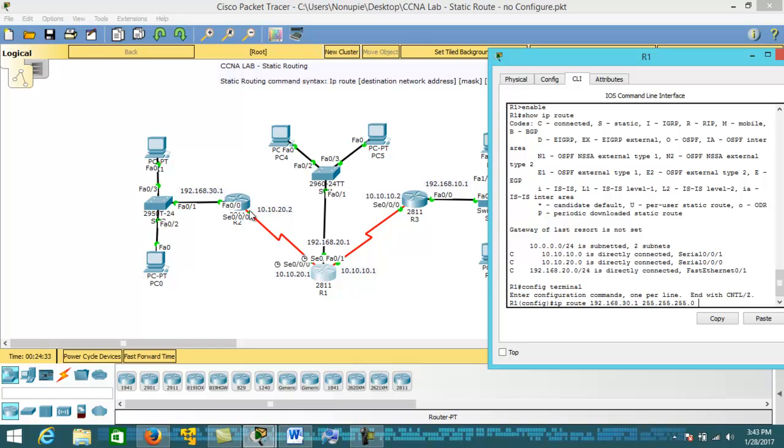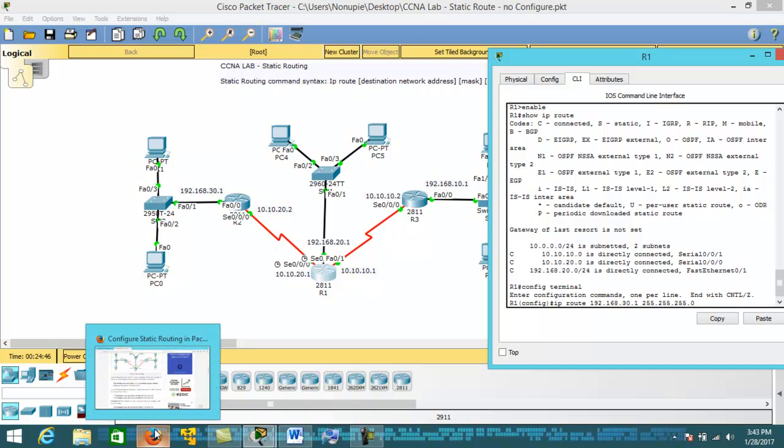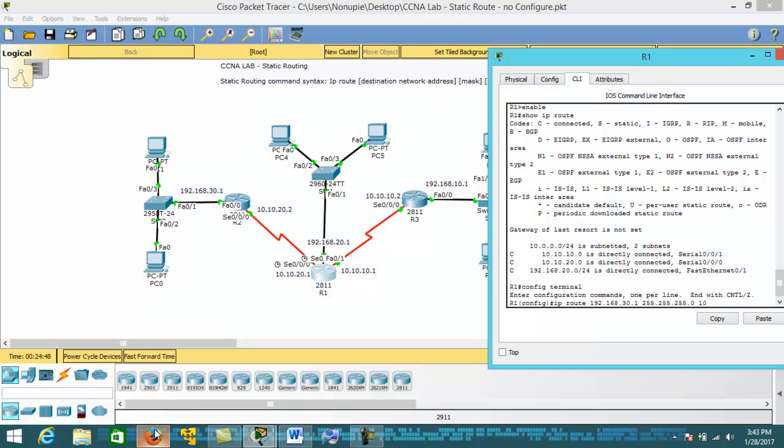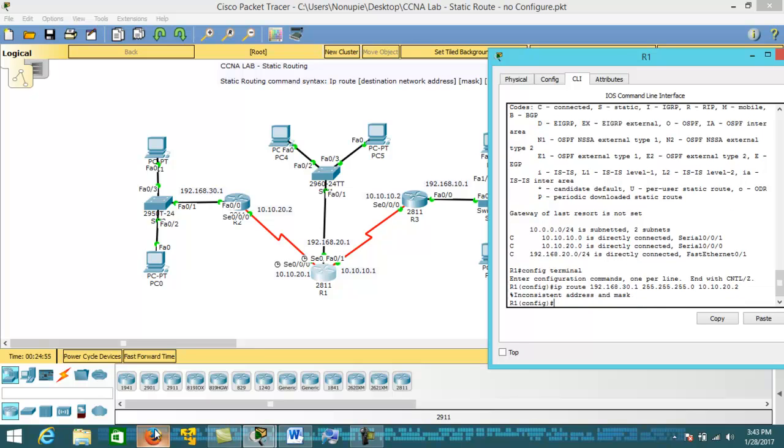For this R1, the next hop address to reach the 192.168.30.1 network will be 10.10.20.2. Alright, so hit enter. Inconsistent address and mask.